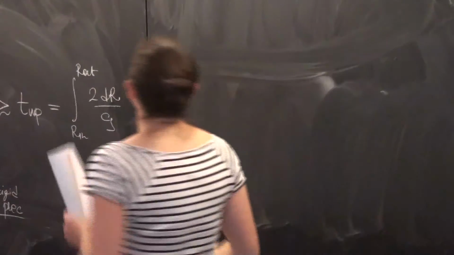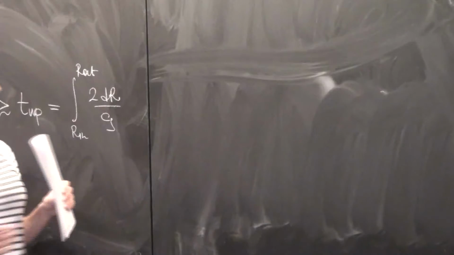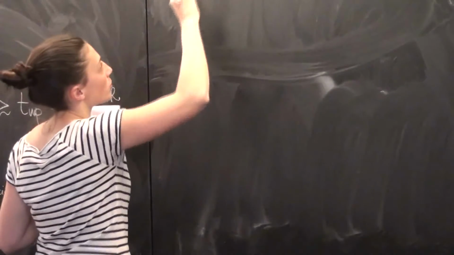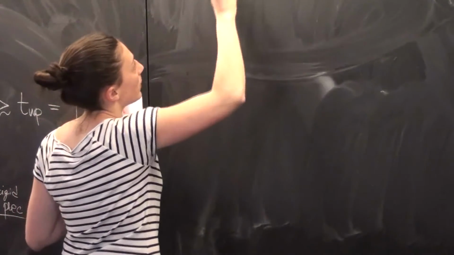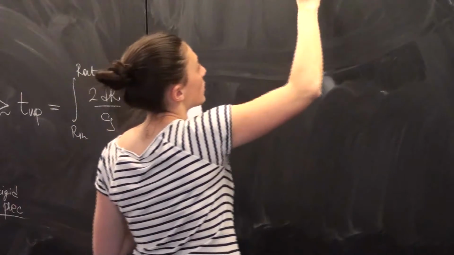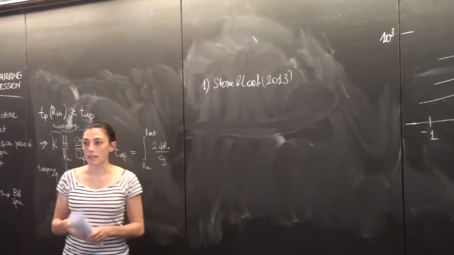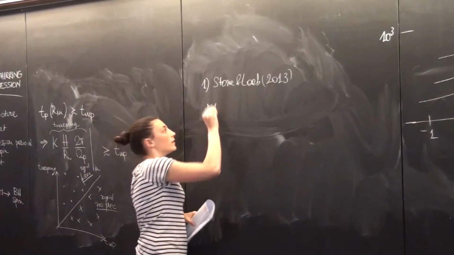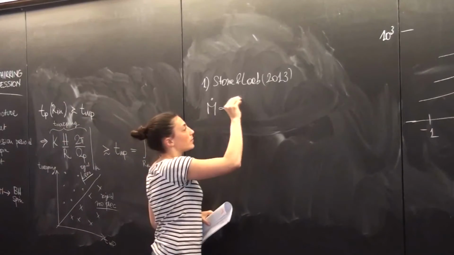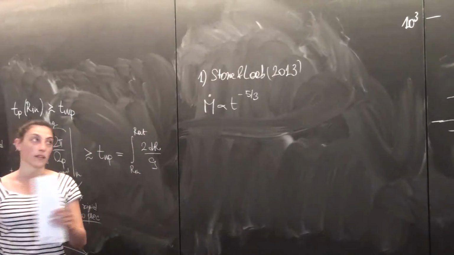So there are two processes that might lead to alignment. The first one, that was pointed out by Stone and Loeb in 2013, is the fact that since the accretion rate declines with time, the disk goes from being thick to being thin.